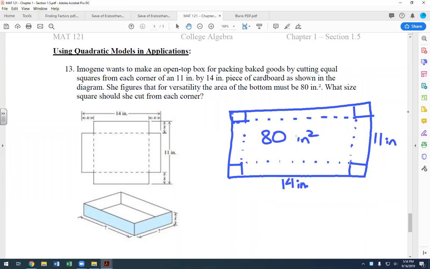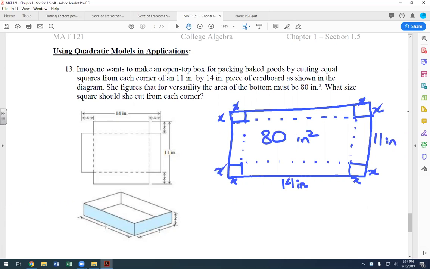Because we know the measurement of these little corners is going to be x by x, because these are squares. Once we cut off our corners, that's going to be a length of 14 inches minus this little length here for x and this little length here for x. So you're going to end up getting 14 minus 2x, and that's the same thing that's going to happen on our width for this cardboard.